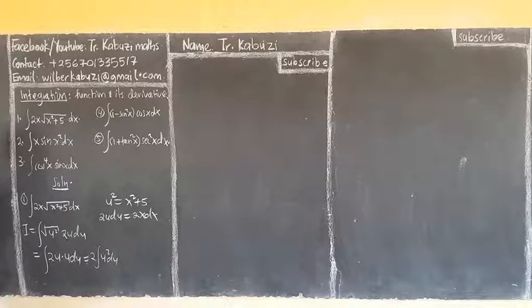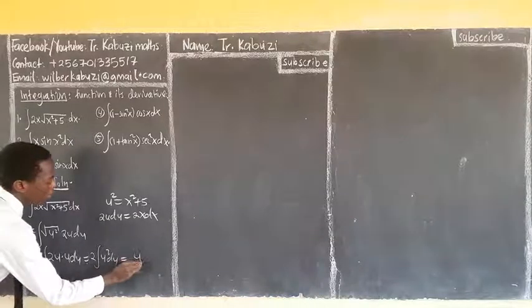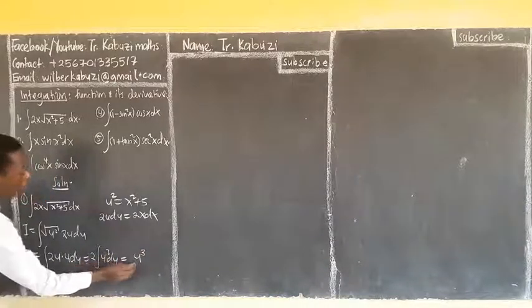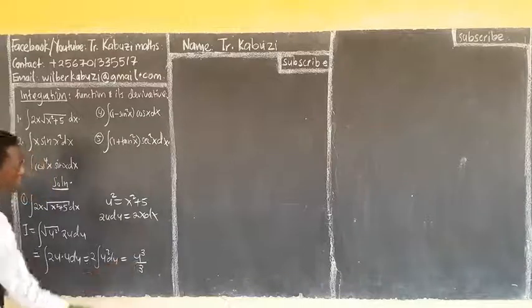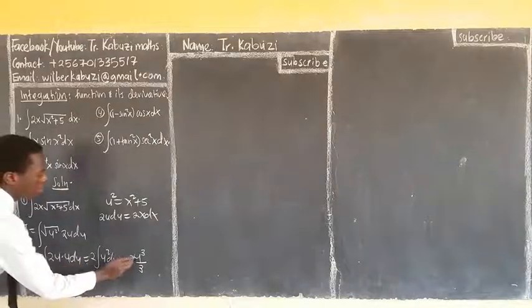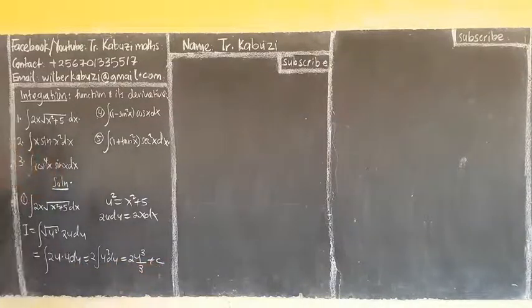I multiply this and this. If you integrate this, you get u power 3 over 3, you increase the power by 1 over the new power, then you have your 2, then plus a constant of integration, because we don't have limits.